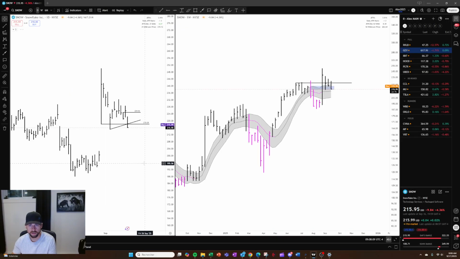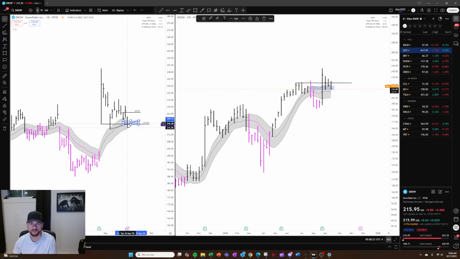Snow, kind of dead for me. I had it in the focus list yesterday, but I really wanted to see it hold that 21 DMA, the recent low pivot. That would have created a higher low structure that I would have liked to keep that name in focus.